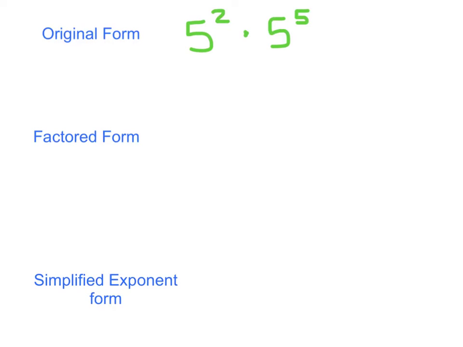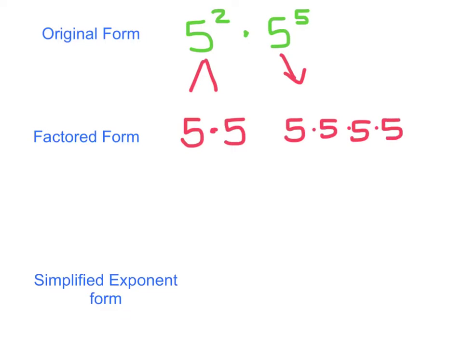All right, so first problem I have is 5 squared times 5 to the 5th. I want to find a simpler way to write that. So the first thing I'm going to do is factor this out. I'm going to write this a little bit different way. I know that 5 squared is really the same as 5 times 5. And 5 to the 5th, that's the same as 5 times 5 times 5 times 5 times 5, 5 times, right? Okay, and then it says times.